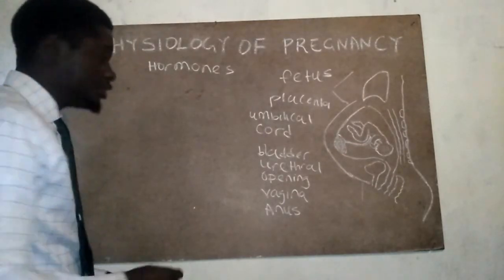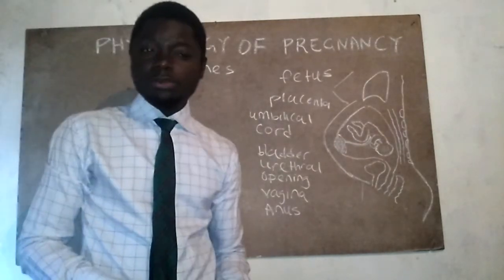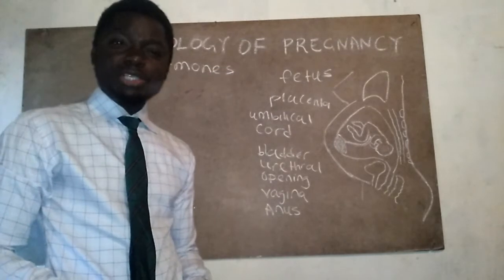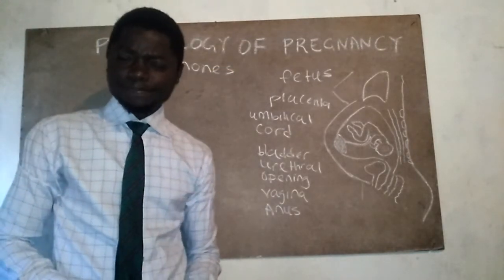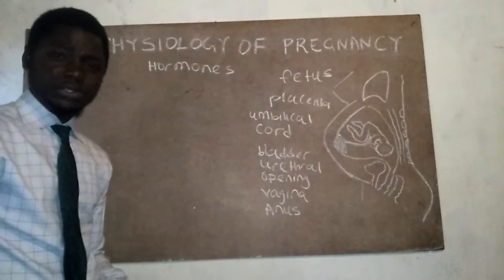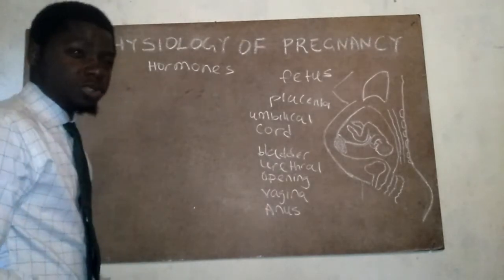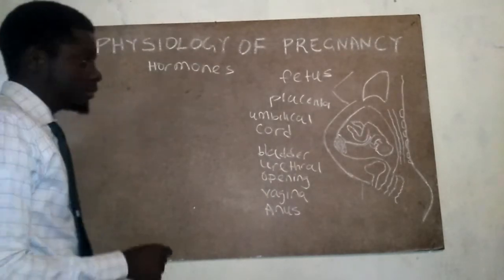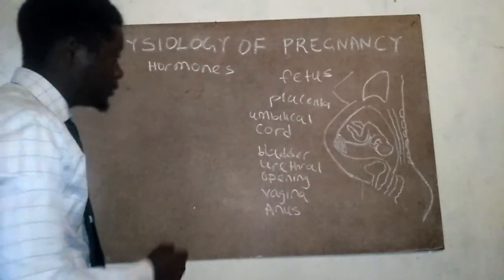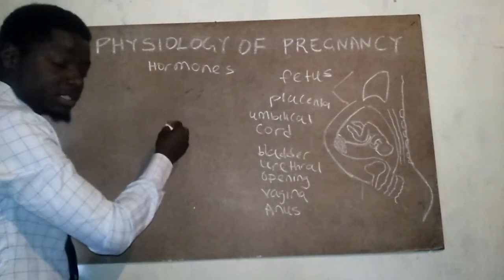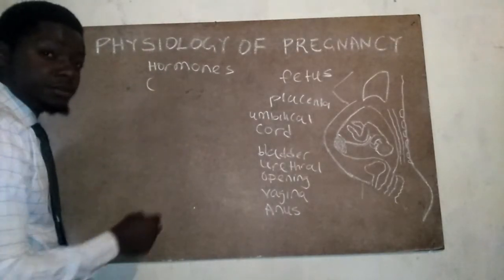This is the phase during which the follicles have already matured into the corpus luteum, and the corpus luteum starts producing certain hormones such as progesterone and estrogen.